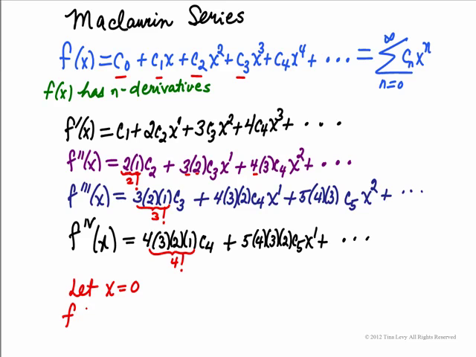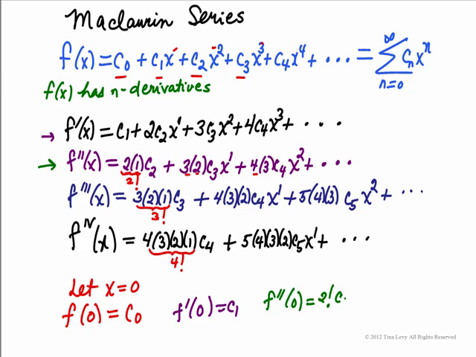Letting x be 0, f of 0, you can see the x's will all become 0, and I'm left with c sub 0. Doing the same with the first derivative, f prime of 0, the x's all become 0, and I'm left with c1. Letting x be 0 in the second derivative, the x's all become 0, and I'm left with 2 factorial c sub 2.